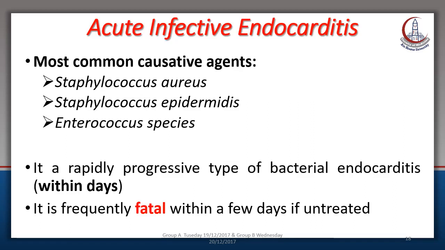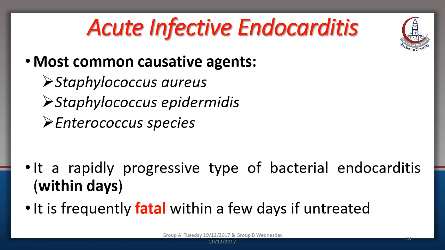In healthcare associated, it may be caused by Staphylococcus aureus, Enterococcus species, and Staph epidermidis. Intravenous drug abuse can be caused by Staph aureus, gram-negative bacilli like Pseudomonas and Serratia, and also by Candida species.